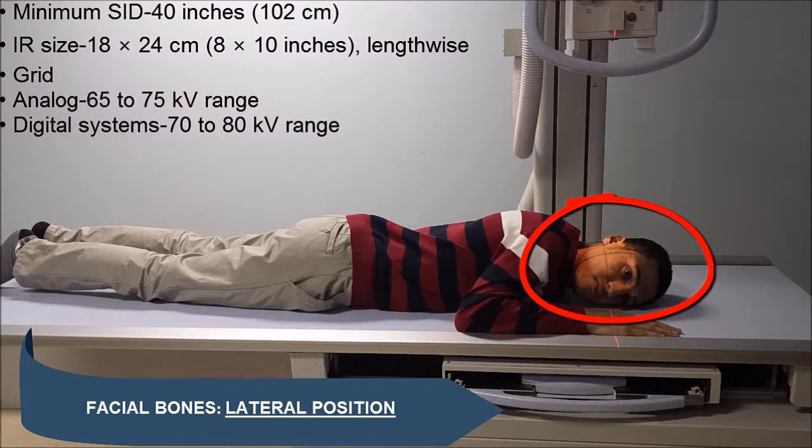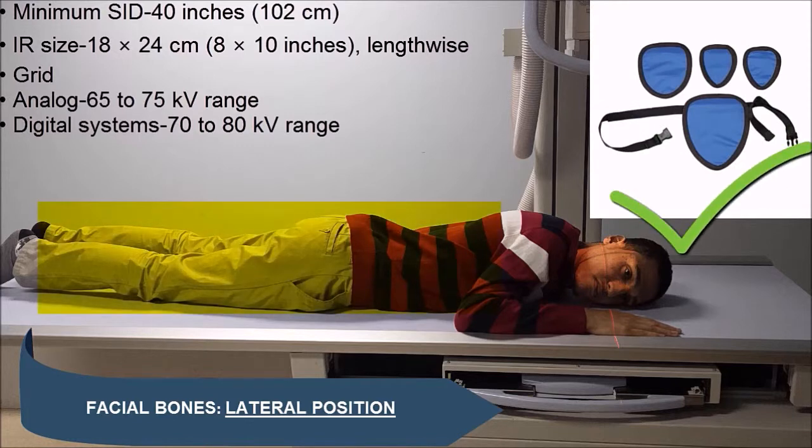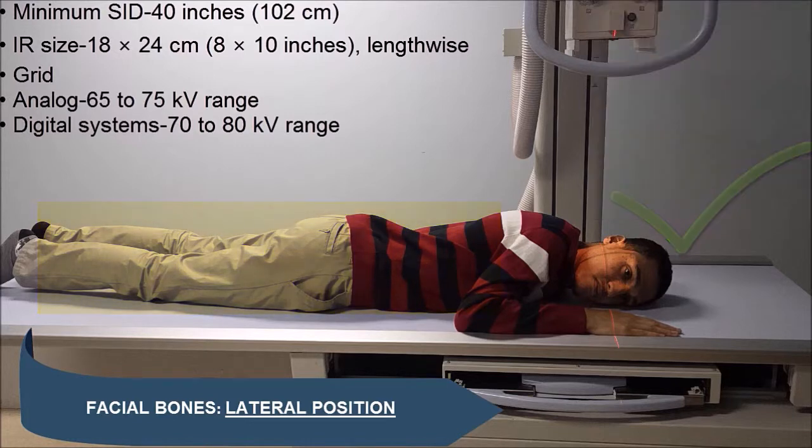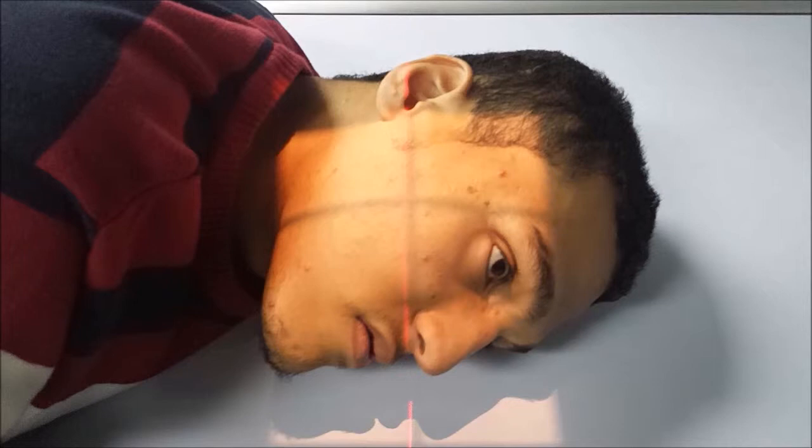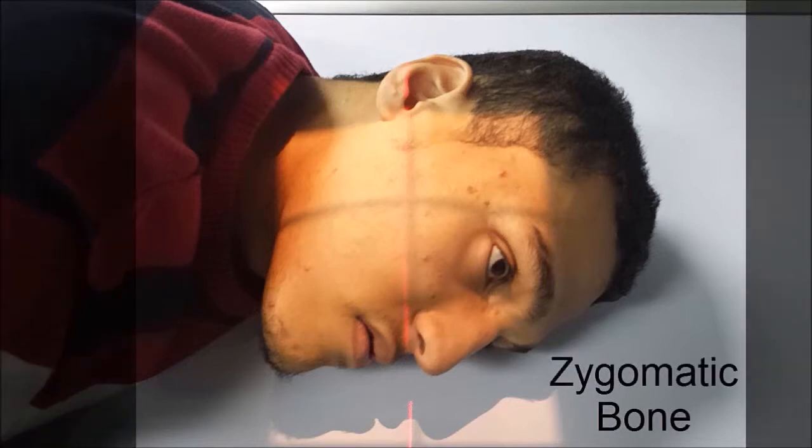Adjust head to a true lateral position and oblique body. Align mid-sagittal plane parallel to image receptor. Align interpupillary line perpendicular to image receptor. Adjust chin to bring infraorbitomeatal line perpendicular to front edge of image receptor. Shield radiosensitive tissue outside the region of interest. The center ray should be on the zygomatic bone.